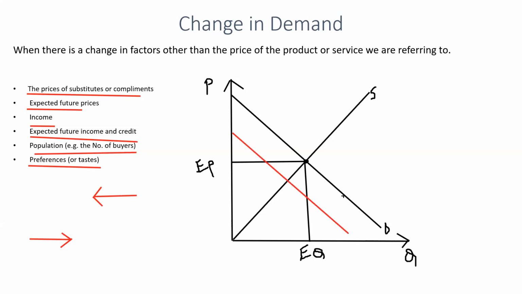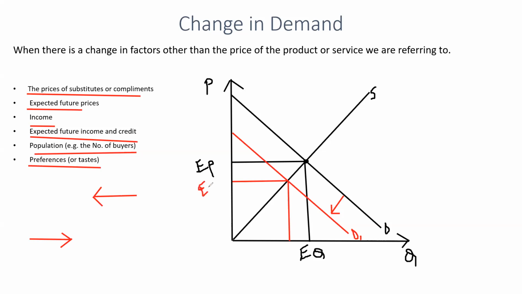So remember to use the word shift for changes in demand. So this is a shift to the left, and let us write that as your new demand. So that's D1, and then here we go, this becomes your new equilibrium price, and this becomes the new equilibrium quantity. Let's write it down.